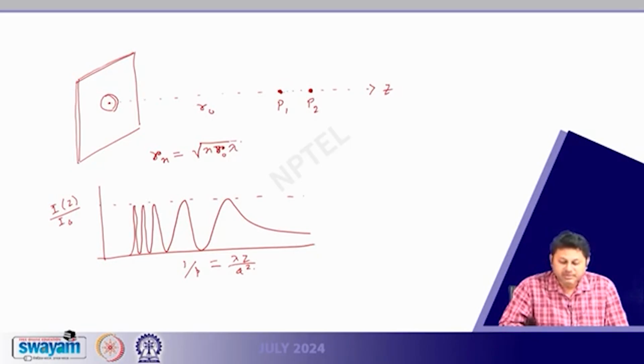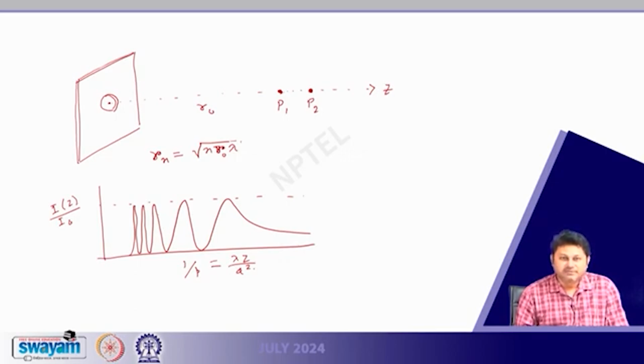So, zones is a different concept where we divide a particular wavefront into different zones and allow the wavefront to propagate. Then essentially from a given point we look at those zones, and all odd and even zones are adding up.